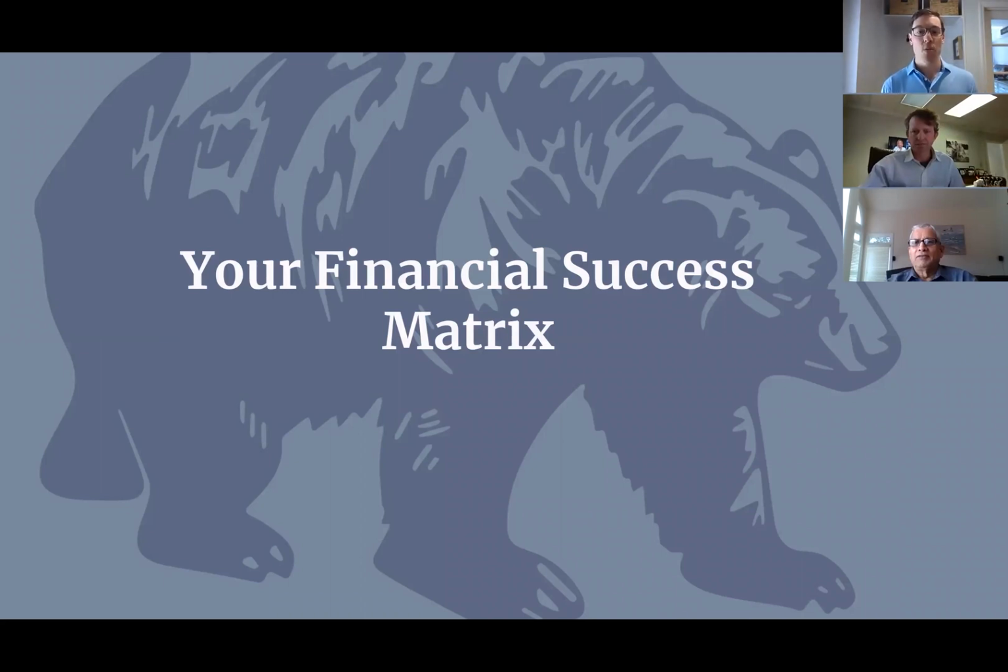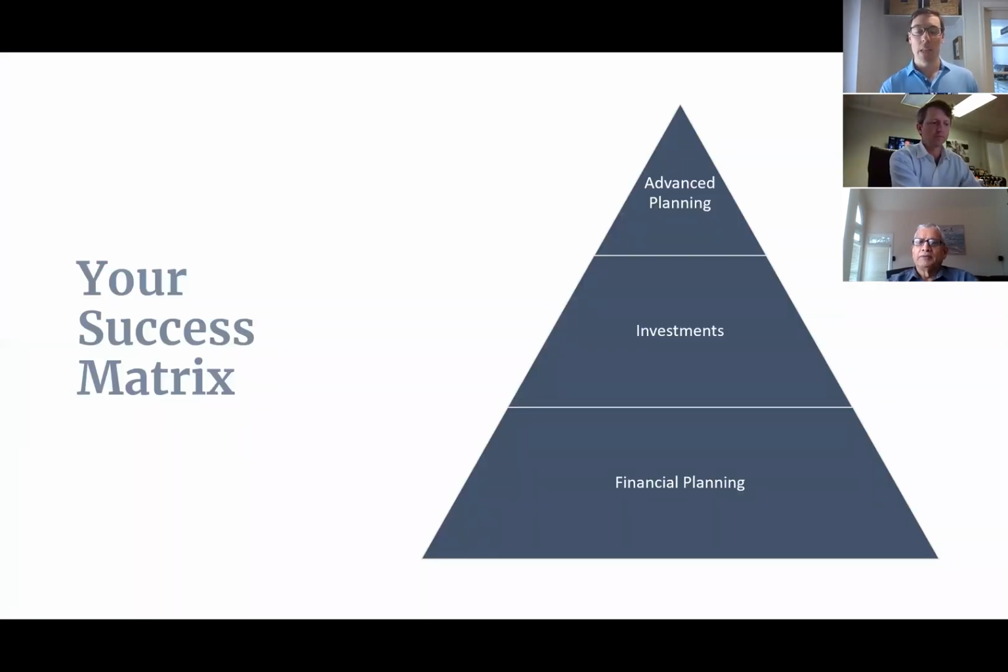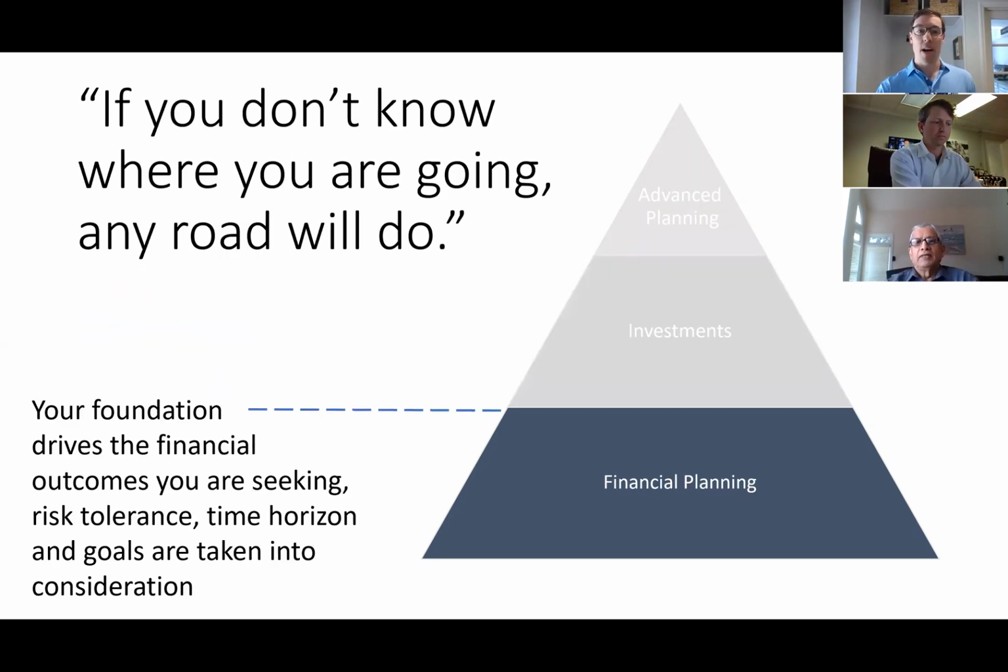Just as a recap, what we're going through with our webinar series, which is every other Monday, is something we call our financial success matrix. It looks like this pyramid right here. It includes three key areas: financial planning foundations, the investments, and then advanced planning strategies.